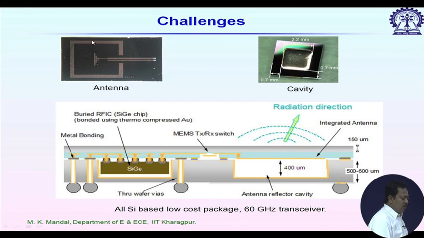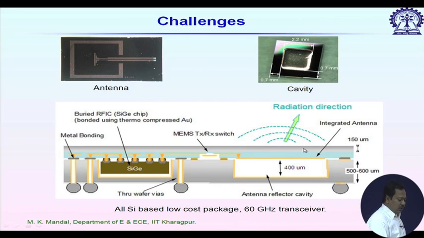So, how can we make it radiate? One alternative solution is to use one air cavity just below this antenna structure. This right hand side picture is showing that air cavity, and the antenna is placed on the air cavity. So, now it will radiate into space. This is one solution for how we can improve the gain of the antenna.